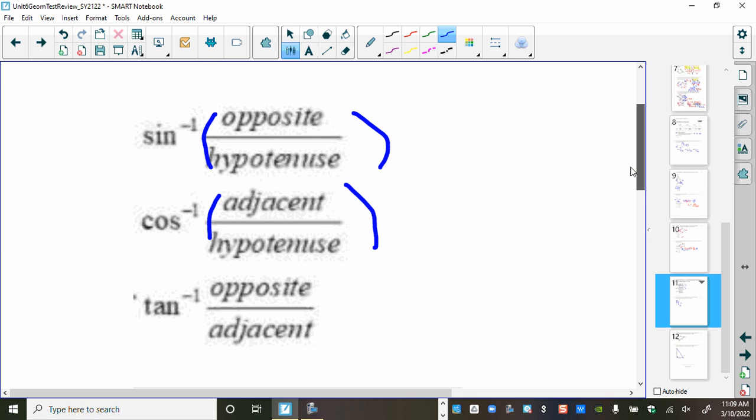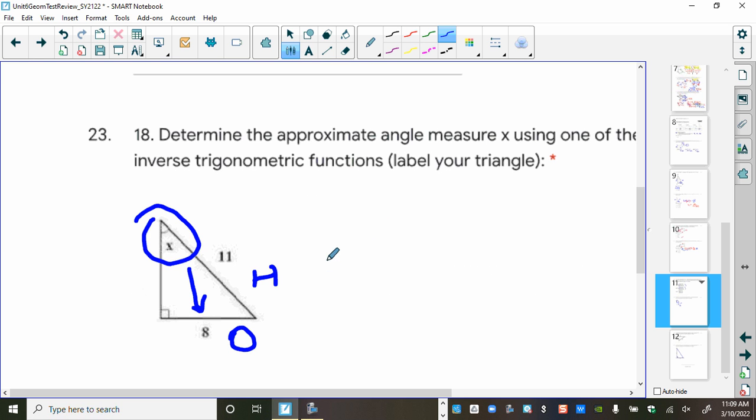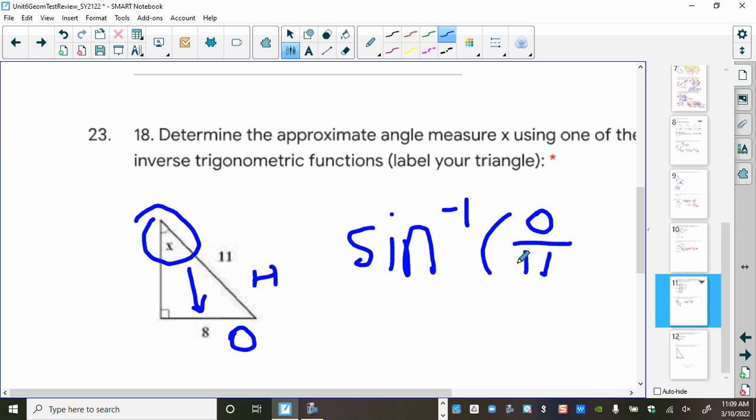Which one's opposite hypotenuse? Yep. Sine. Boom. And remember, that's just a calculator key. You're allowed to use this type of calculator on the test. So if you have to look for the angle, you use this one. It's just a plug and chug. It's just 8 over 11. Bang, you're done.